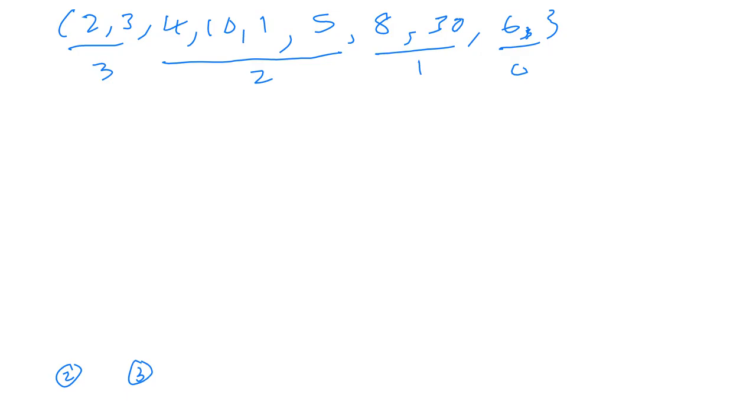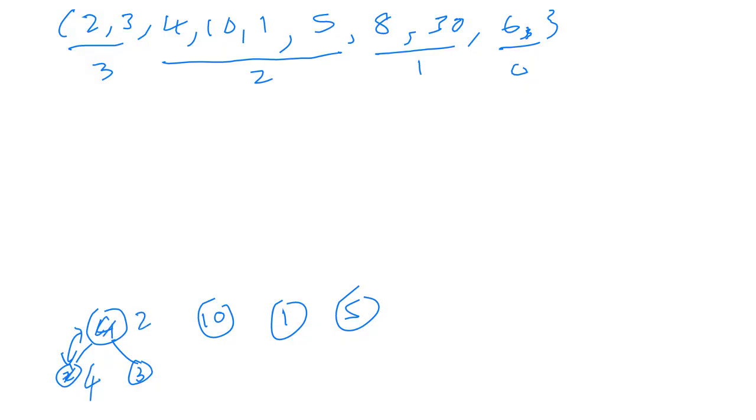Then I start using the others that I required. 4 there, 10, 1, 5. This will need to do a switch to make sure the heap property is preserved, heap order property. And then I can start pulling in the others that I need. 8 and 30.